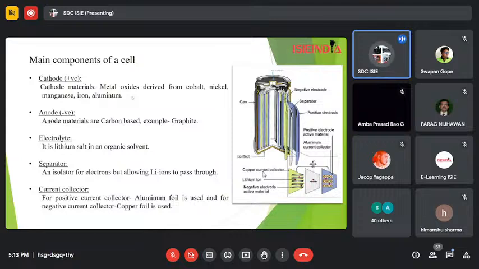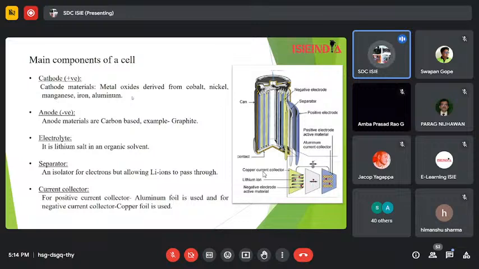Separator. What is a separator? Separator is a semi-permeable material. It will isolate the electrons and it will just let lithium ions pass through. So the separator will act as a stopper, or a dam, between cathode and anode.